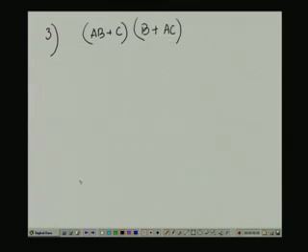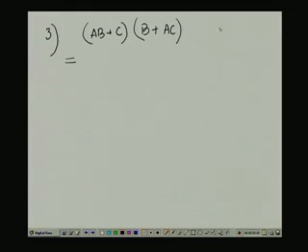So, if it is a product of max terms, then again question number 3: AB plus C into B plus AC. Now, see here, I can write AB plus C. Again I can use a theorem.